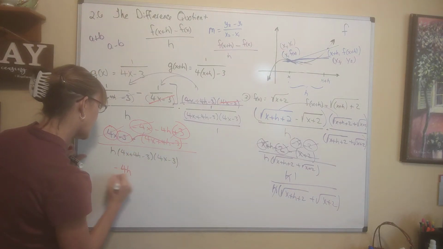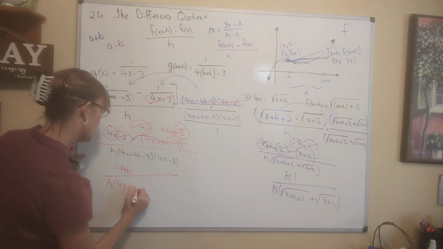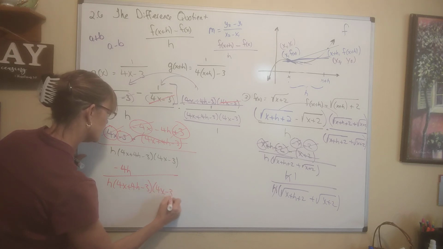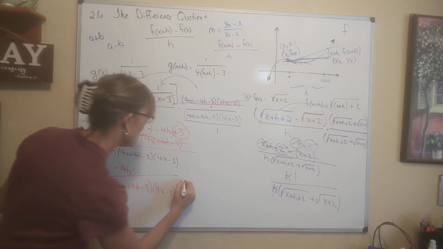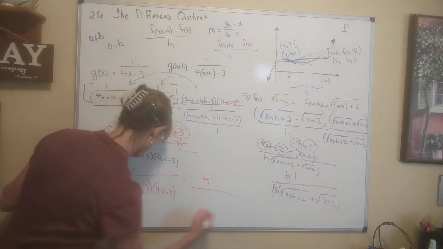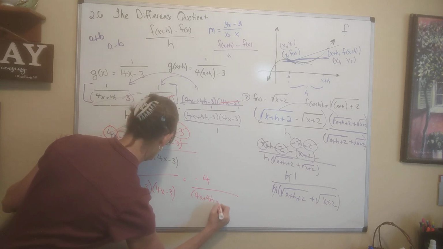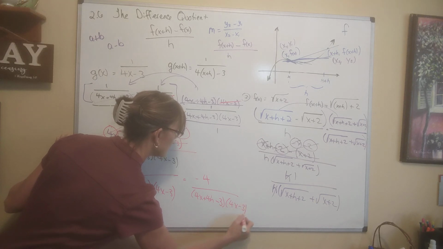We have negative 4h over h times 4x plus 4h minus 3 times 4x minus 3. And this little cancellation is what we were really hoping for. And we get negative 4 over 4x plus 4h minus 3 times 4x minus 3.